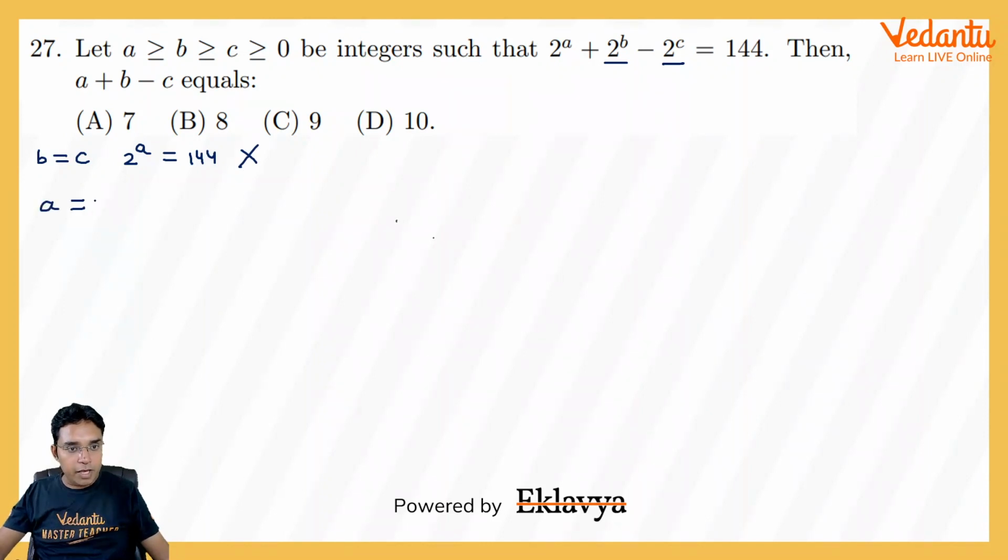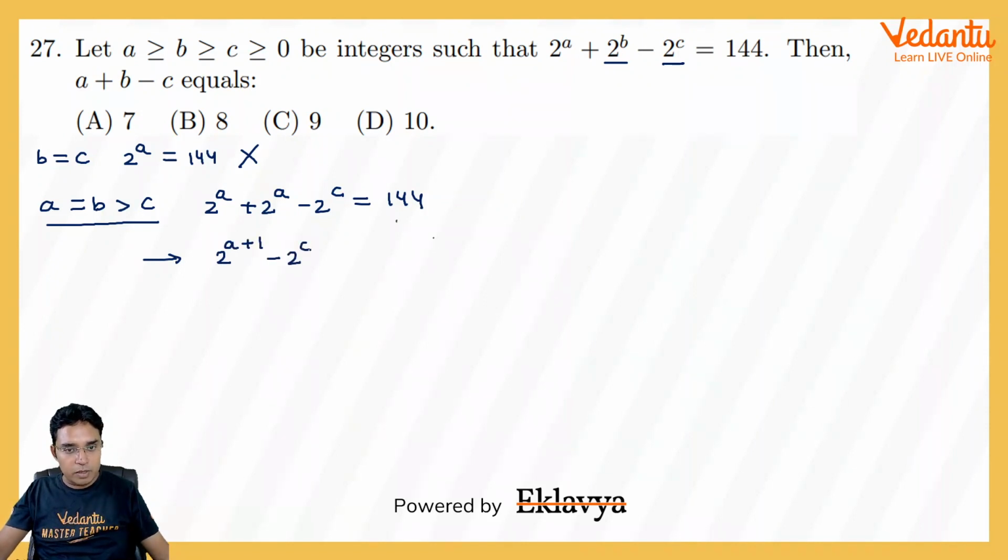Now what if a = b and greater than c? We have already ruled out b = c, so we can check for this now. We will be having 2^a + 2^a − 2^c = 144. I can write it as 2 × 2^a, or 2^(a+1) − 2^c = 2^4 × 9.